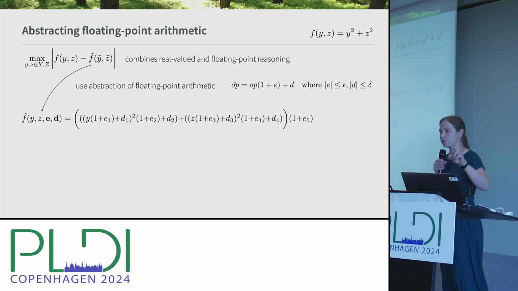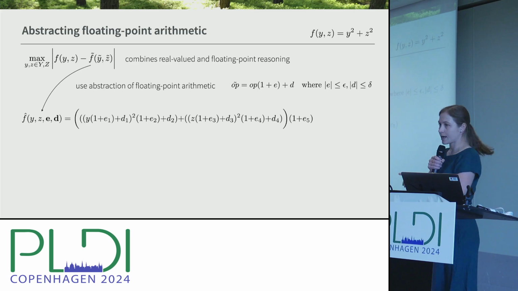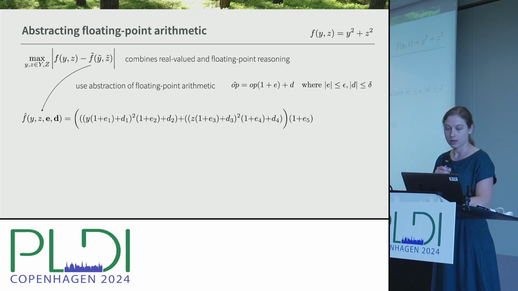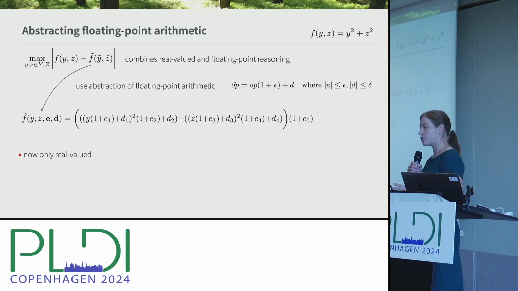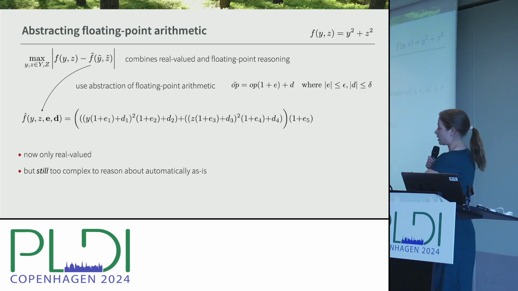And I'm introducing new errors for each of them. So this is now very complex, but it is now only real valued. So there's no more mixing between floats and real theories, it's only reals. But this is still too complex to reason about automatically for anything but very small expressions like this one.